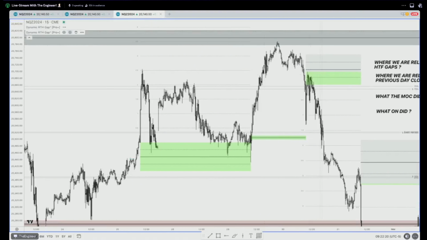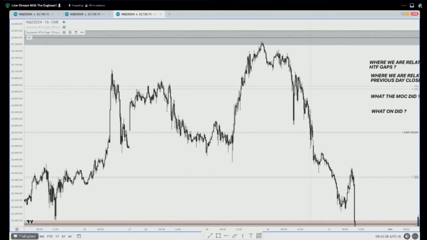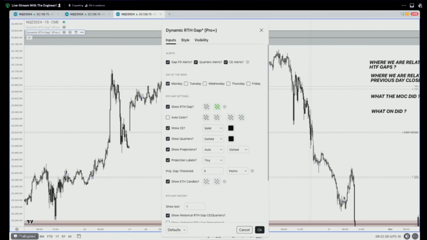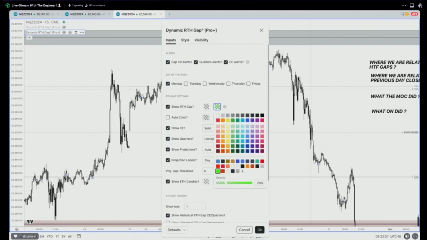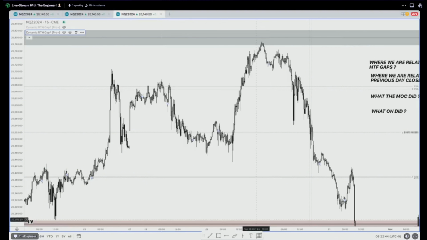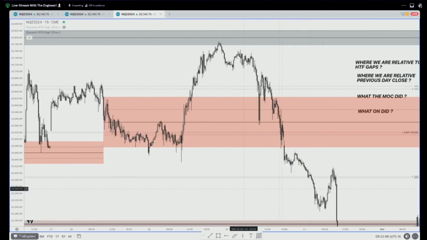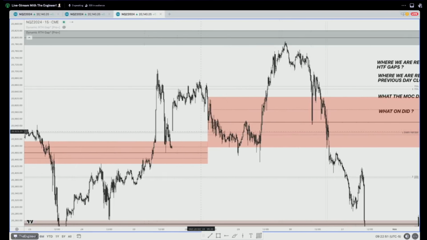Another thing that I like is that you can select only, for example, Monday's gap, and use it as the new week opening gap for regular trading. So you can show only Monday and the last 5, for example. So this is the weekly opening for regular trading.